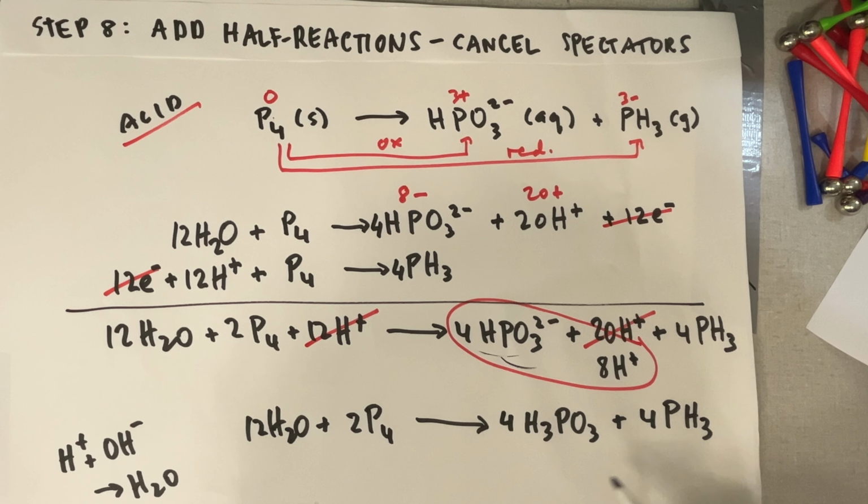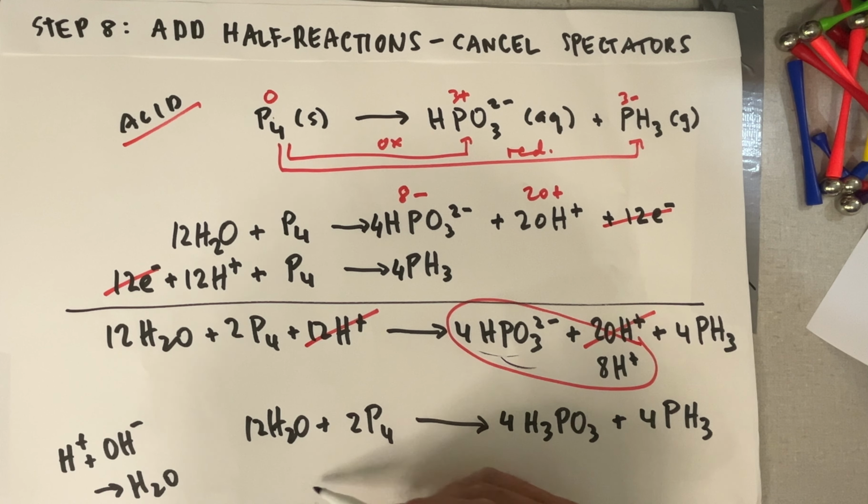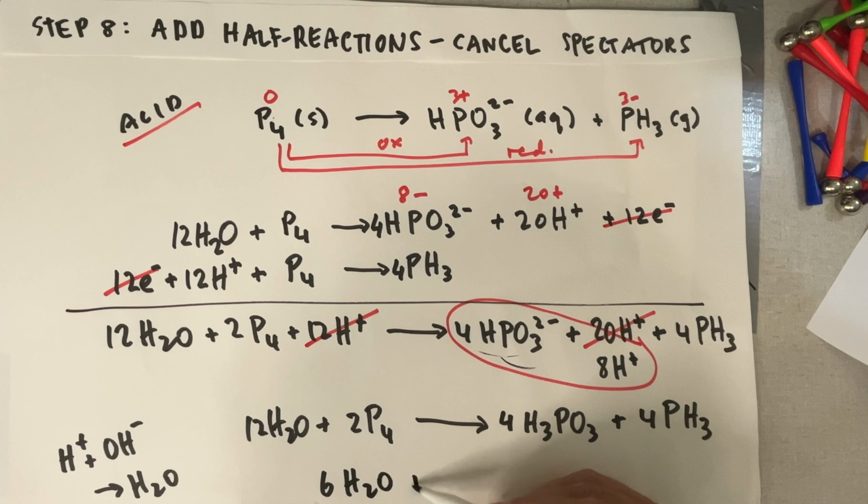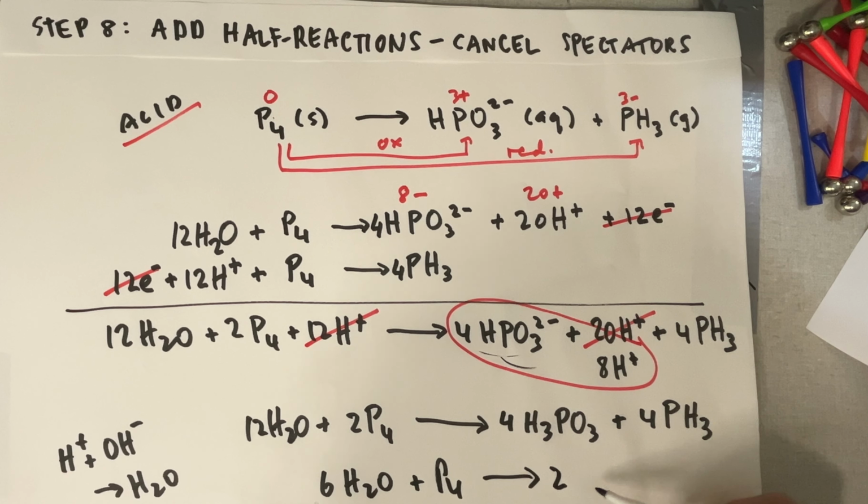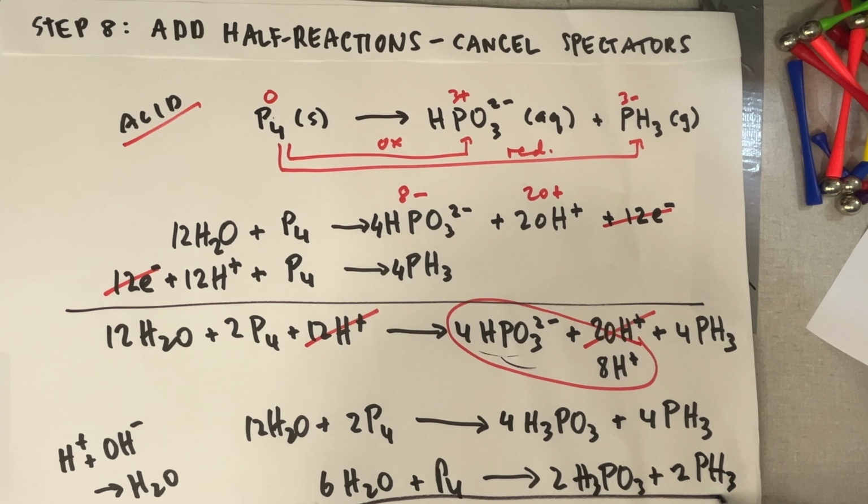And then if you want, you can divide throughout by 2. So that gives 6 H2O plus P4 plus 2 H3PO3 plus 2 PH3. And that would be my final answer for the balance in an acidic medium.